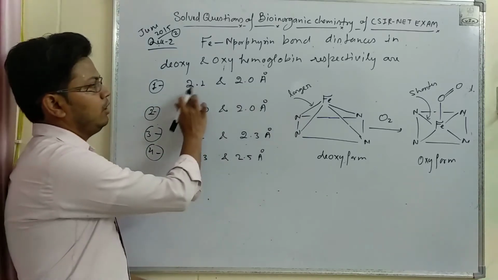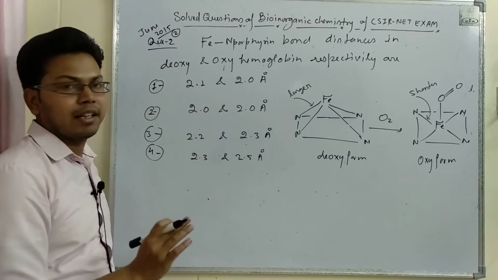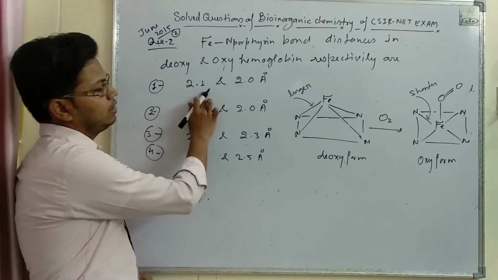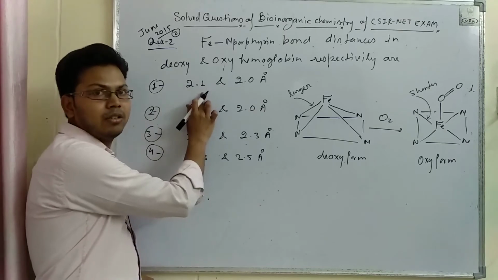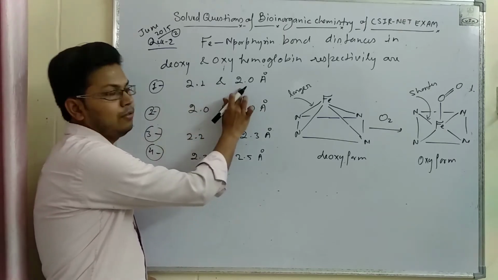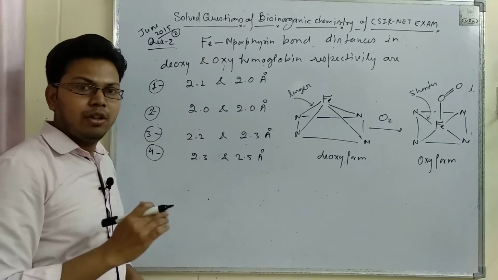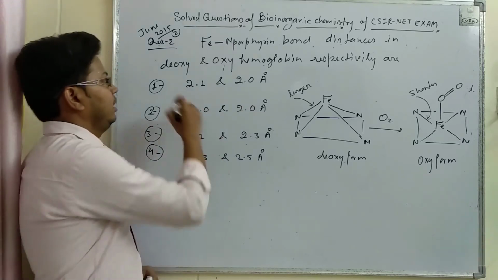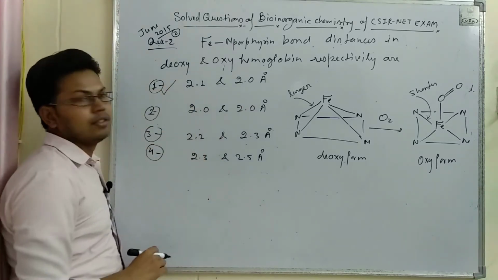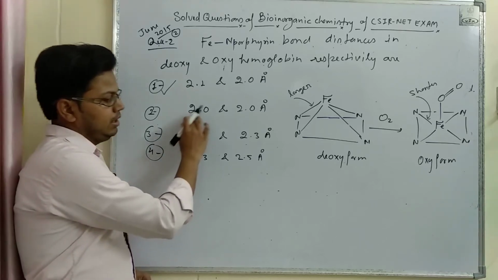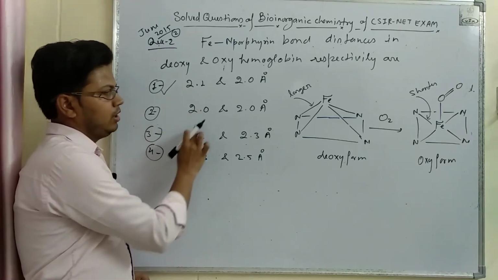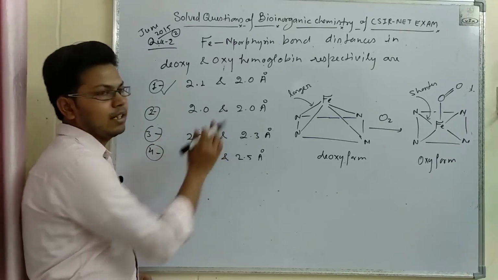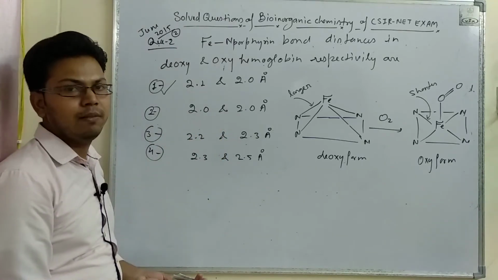Therefore, option one will be correct, because the deoxy form has the larger distance, whereas the oxy form has the shorter linkage. In the second option both the distances are the same. This will not be possible.